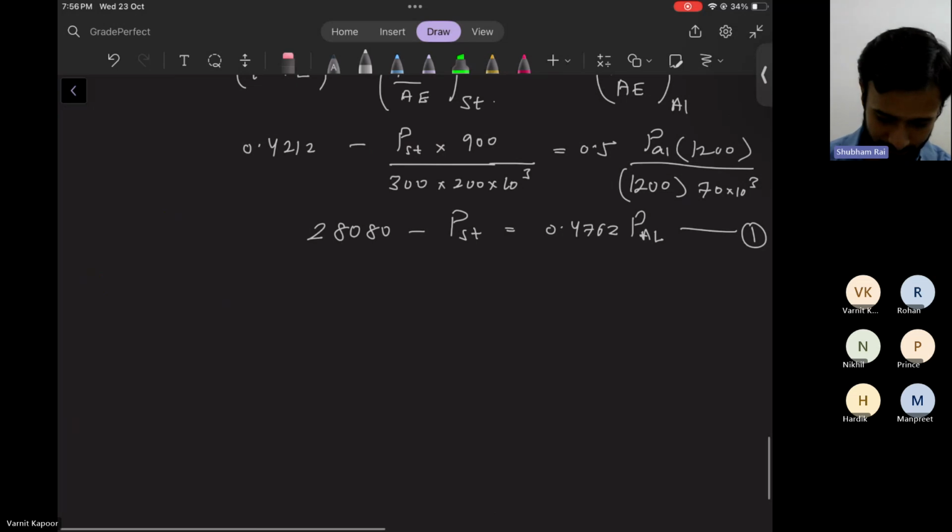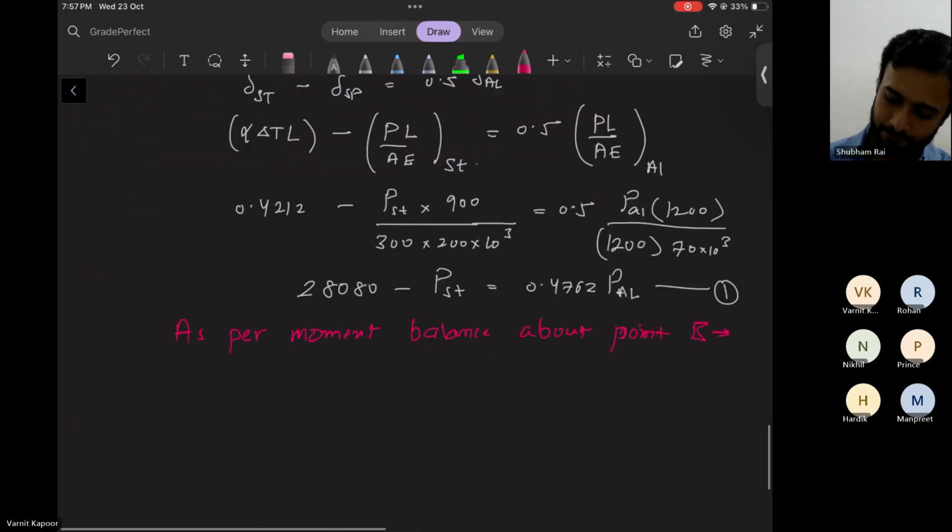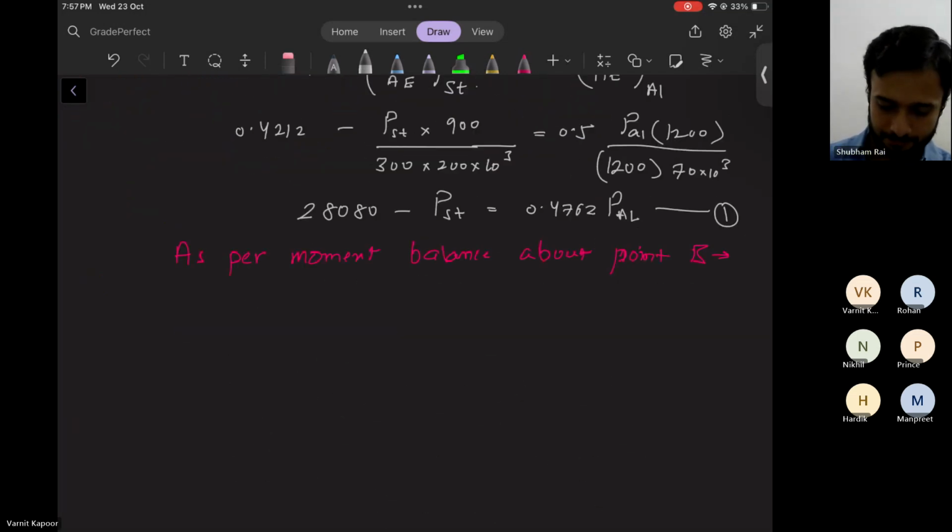So here we can just write that as per moment balance about point B, 0.6 times load PST should be equal to 1.2 times PAL.